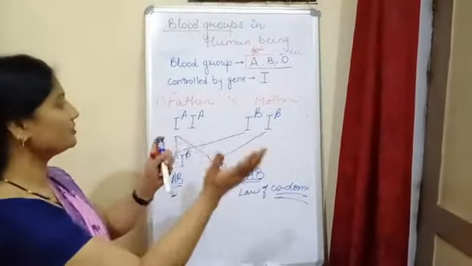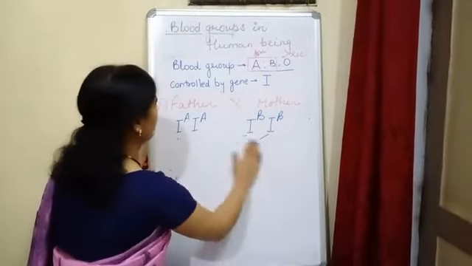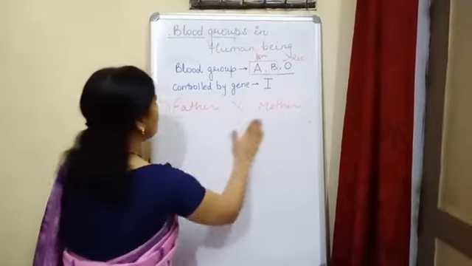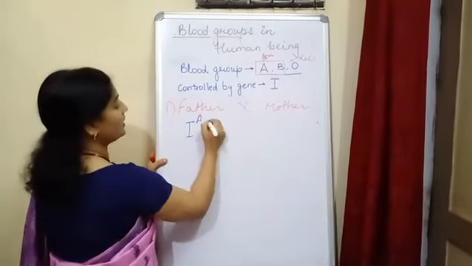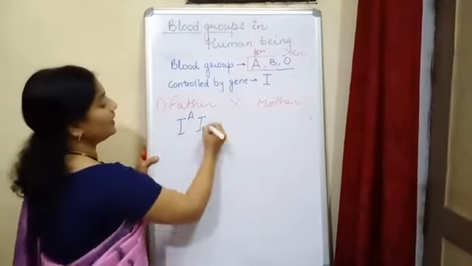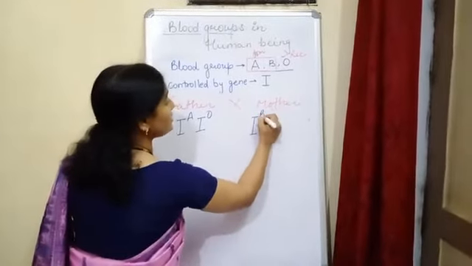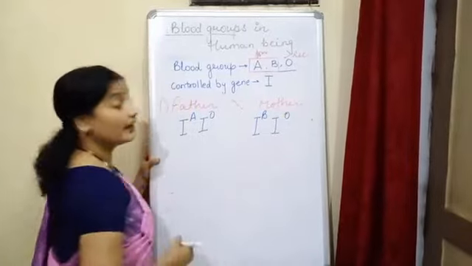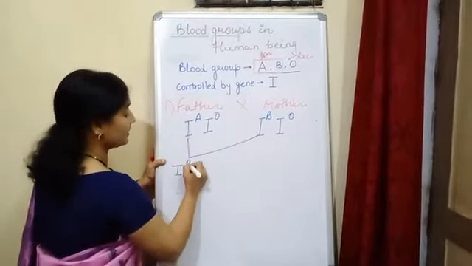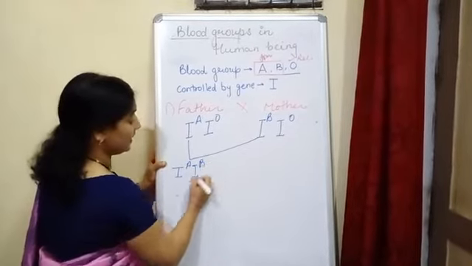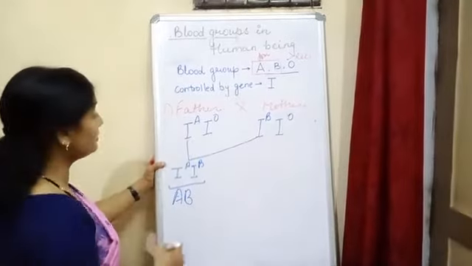Now suppose we make some changes in this example, and we take the father as blood group A with the second allele O, heterozygous. Suppose we take the mother as B with the second allele O. If we cross them together, see the condition. Once again, AB obeys the law of codominance.